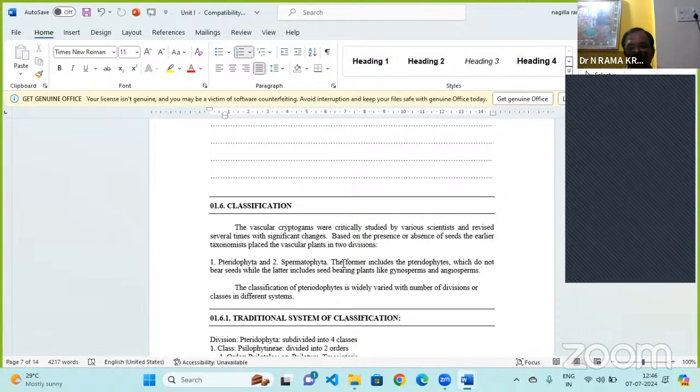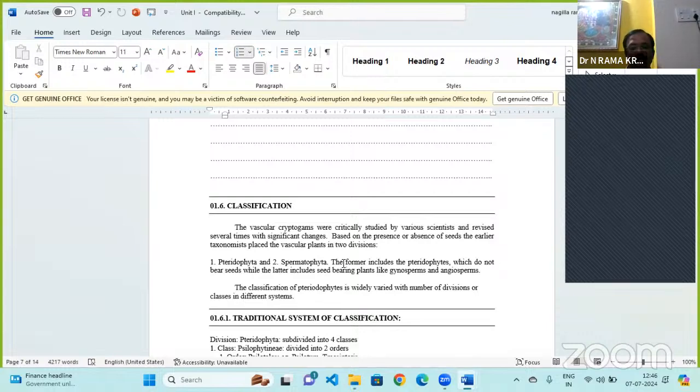The gametophyte is meant for producing sex organs, and later fertilization results in syngamy. Syngamy restores the diploid chromosome number. The zygote undergoes embryogeny and ultimately develops into the sporophyte.